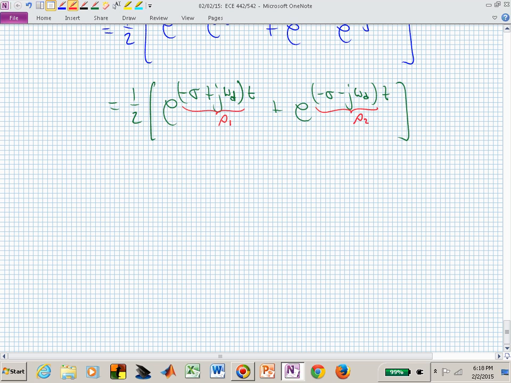Is that clear? You can have a sigma, let's say it's 2, and omega sub d is 3. Little s sub 1 is minus 2 plus j3. S sub 2 is its conjugate. It's minus 2 minus j3. And those are now 2 points in the complex S plane.